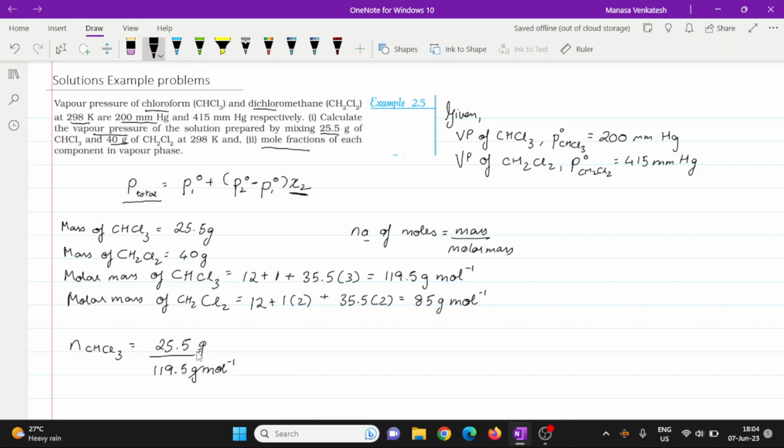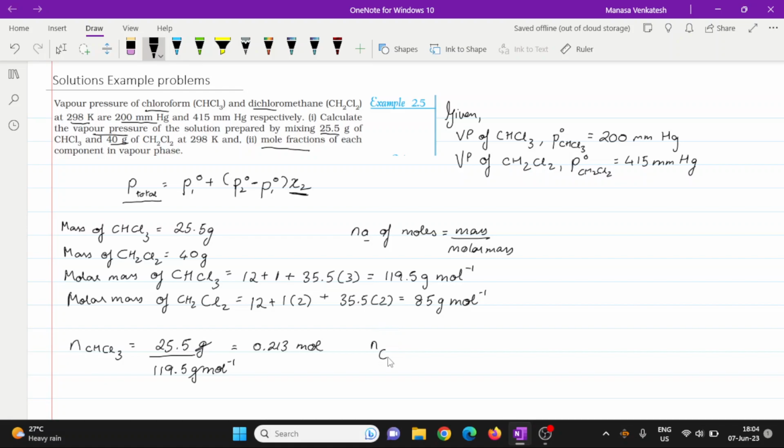So gram and gram get cancelled, and you get moles. Now when you simplify 25.5 divided by 119.5, you get 0.213 moles.